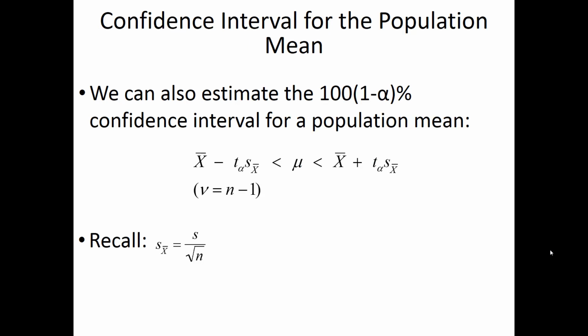We can also estimate the 100 times (1 minus alpha) percent confidence interval for a population mean. Recall that the standard error of the mean is just the standard deviation over the square root of the number of samples.